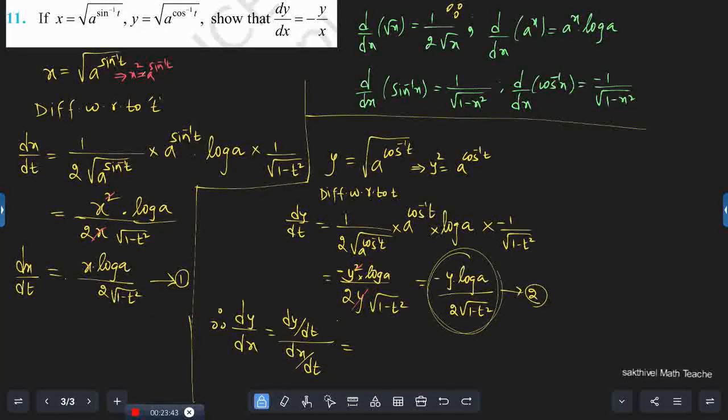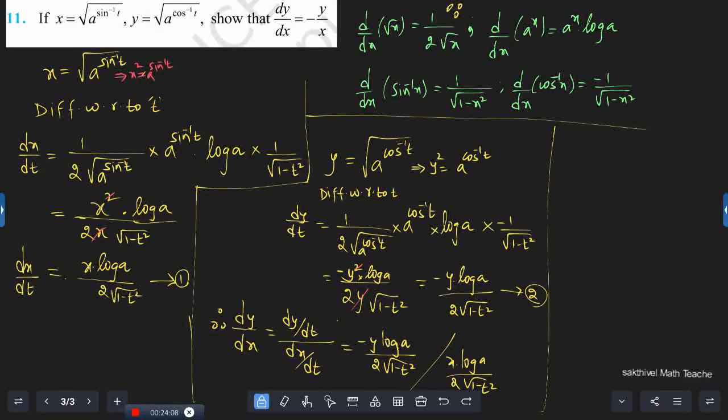Here we have minus y log a divided by 2 into square root of 1 minus t square, whole divided by x into log a divided by 2 into square root of 1 minus t square. Now this denominator you take to numerator so that it will be reciprocal.